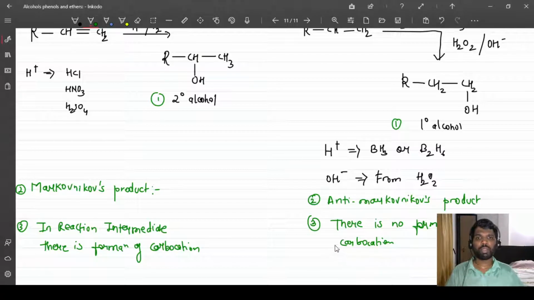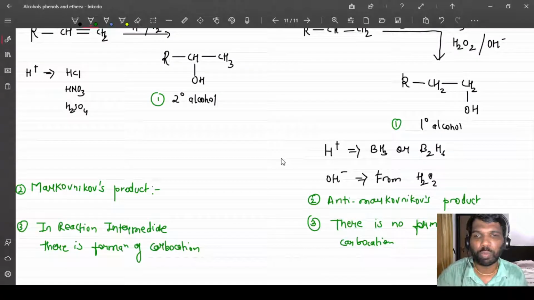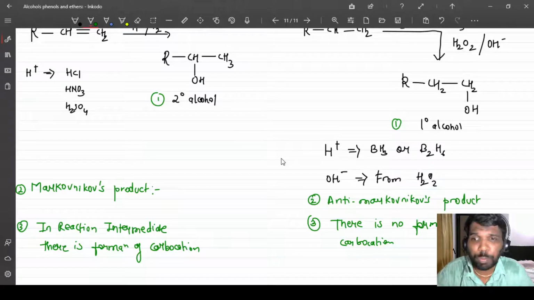If we go into more depth of this reaction, how does it matter whether there is a formation of a carbocation or not?